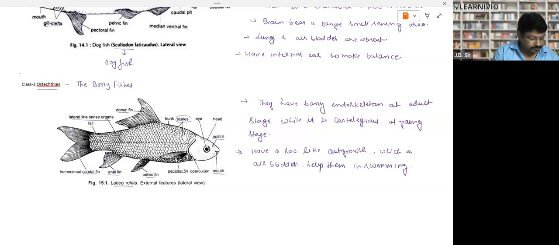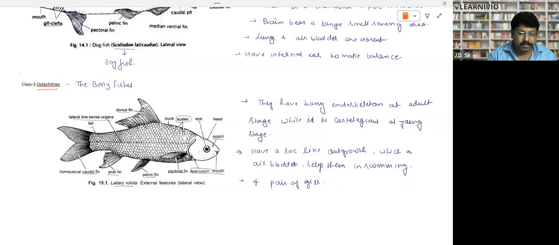And they have 4 pairs of gills, 4 on this side and 4 on the opposite side. The 4 pairs of gills are covered with this operculum, right?